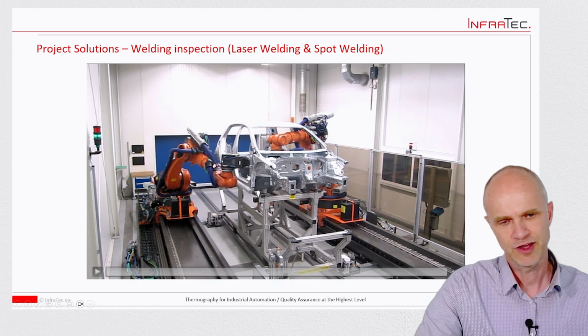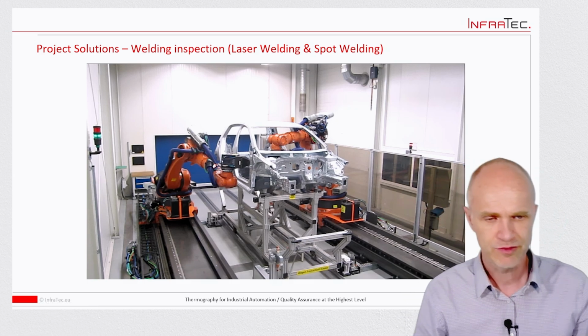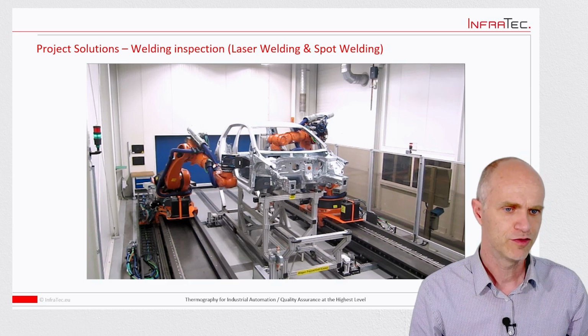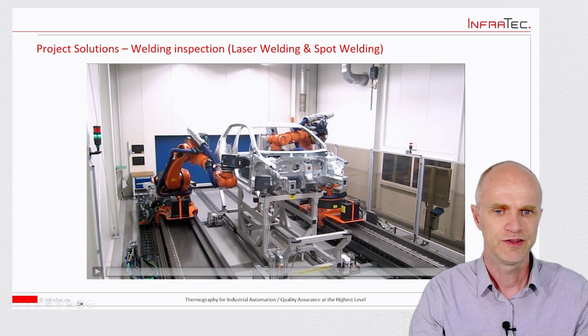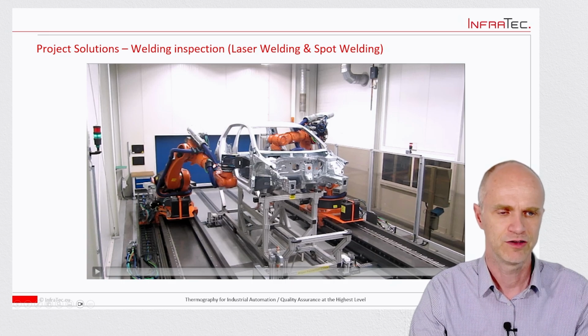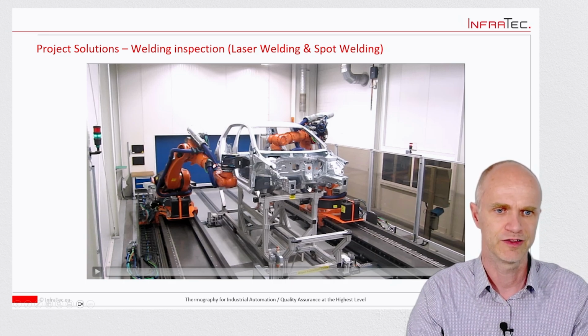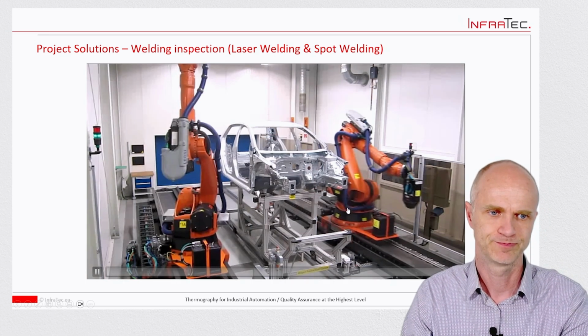If there is a nice heat transfer, this means there is a good welding. If it's not really well connected, there's a bad heat transfer. And this can be analyzed later with sophisticated software from us.